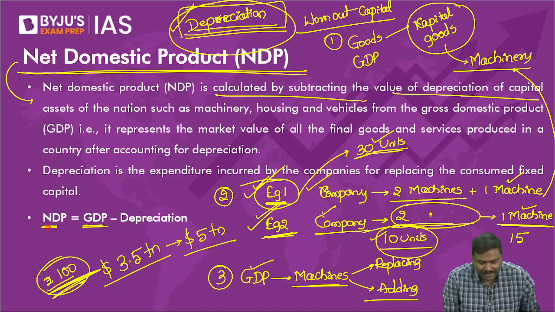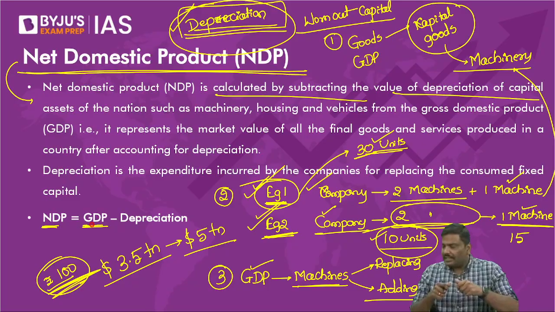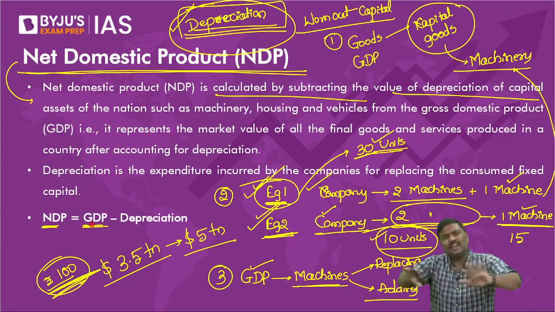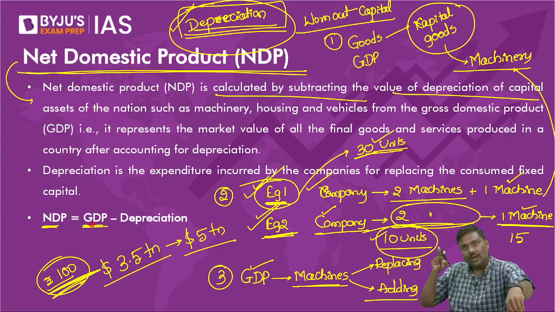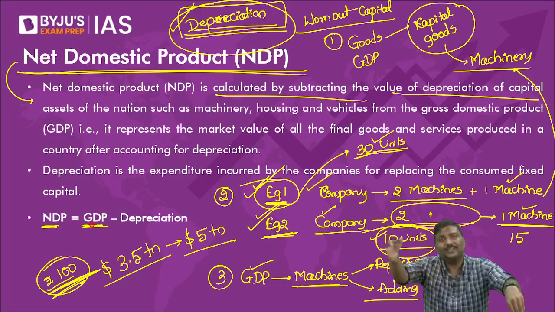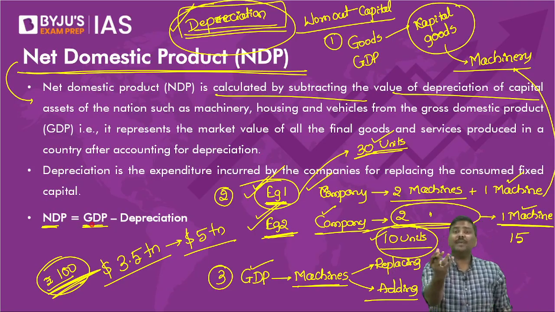If NDP is equal to GDP, it simply means whatever you have produced, none of it in this year will be used for replacement. It will always be used for addition to the capital, which is good for the economy. That is the reason UPSC will confuse you.